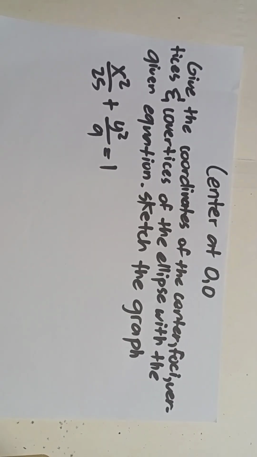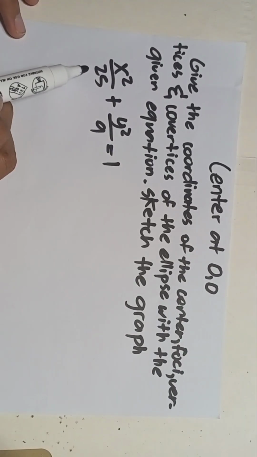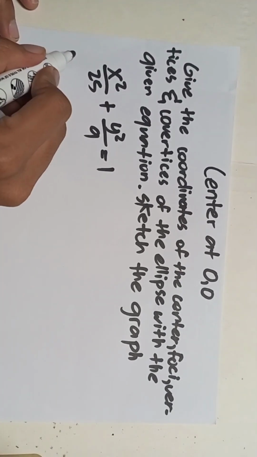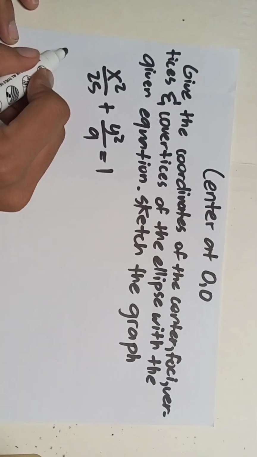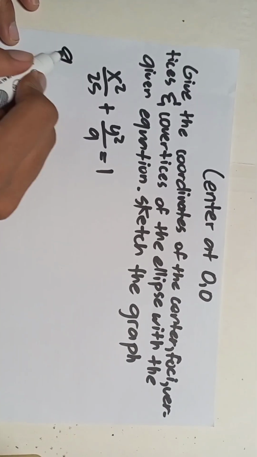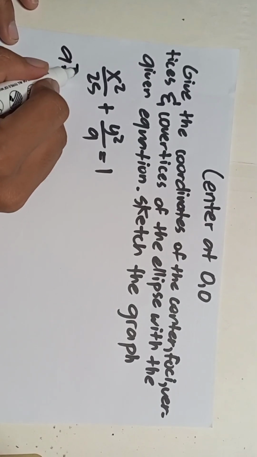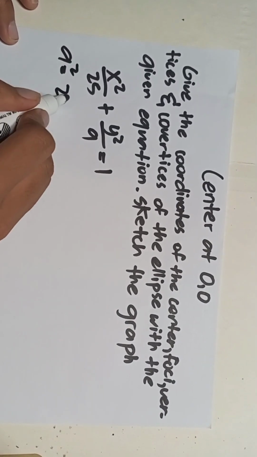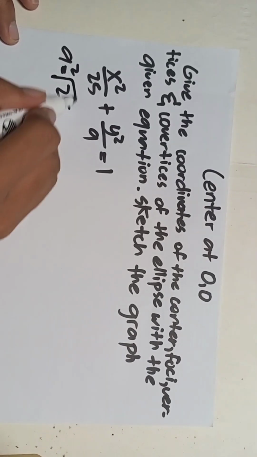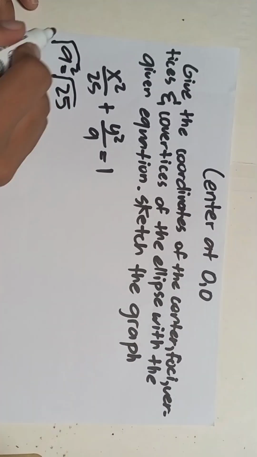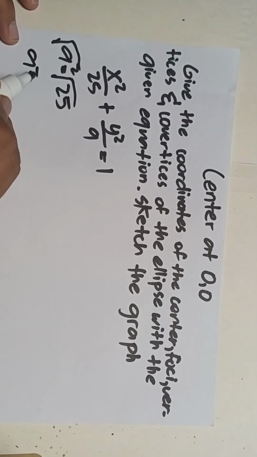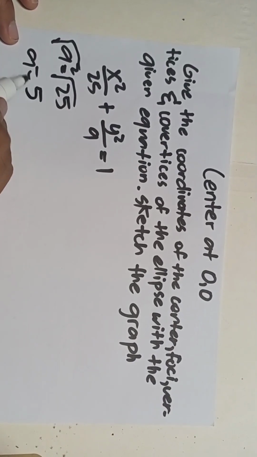First, we are going to find a. Our a squared here is 25, so to solve a, a squared equals 25, and find the square root of 25. a is equal to 5.